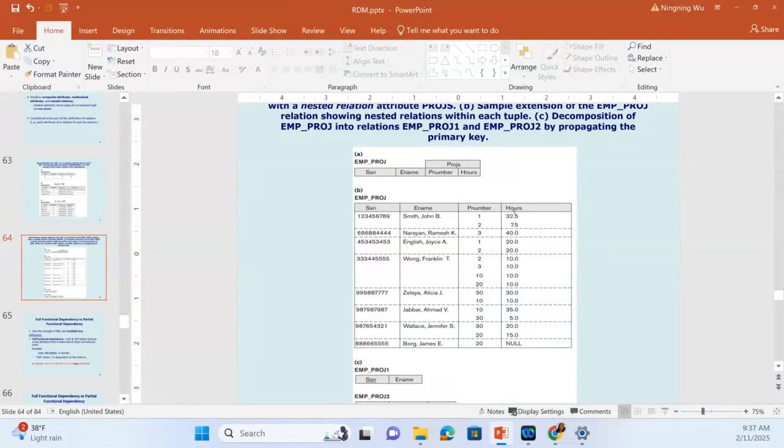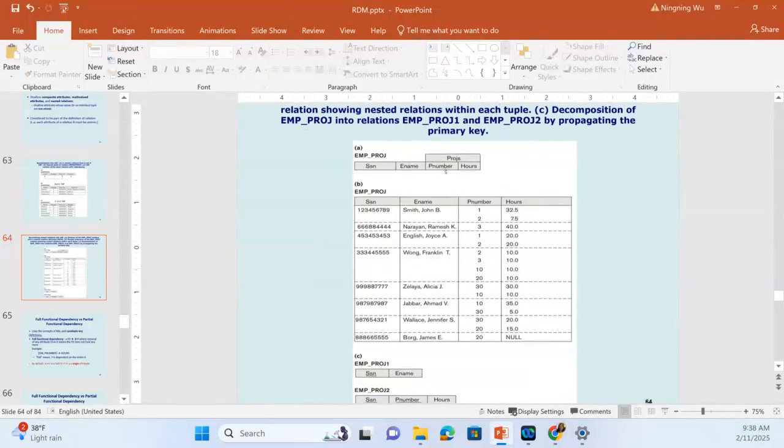But P number and hours actually have multiple records for a single record in this table. It's like a small table nested in the record. This is called a nested relation. If a table has a nested relation, that means the table is not in 1NF. So EMP_PROJ is not in 1NF.